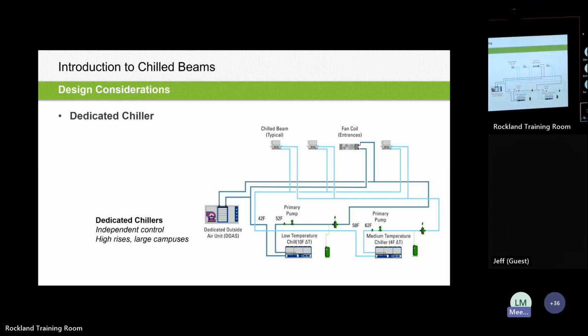So where you've got possibly a lot of intermittent and frequent moisture gain from the outside in entryways, lobbies, you could have fan coils still run off of that low temp chiller, and then have a separate medium temperature chiller, which is providing 58 degrees or warmer to the chilled beams. Correct. Yep.